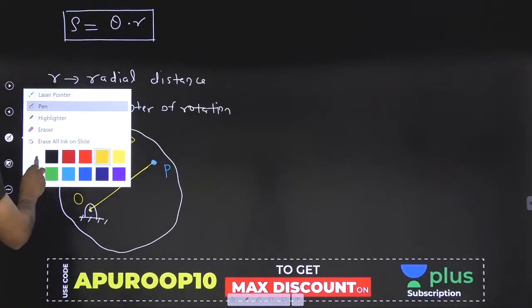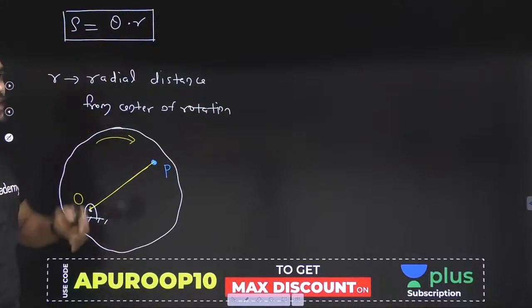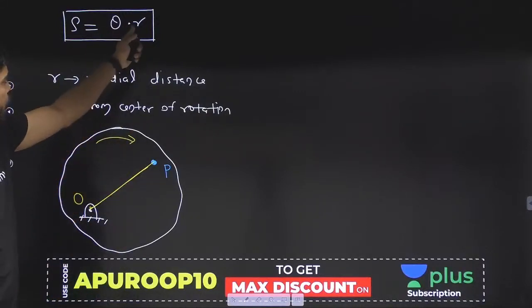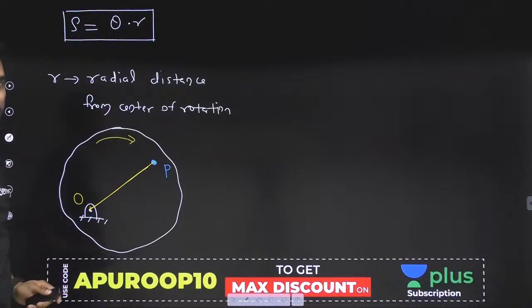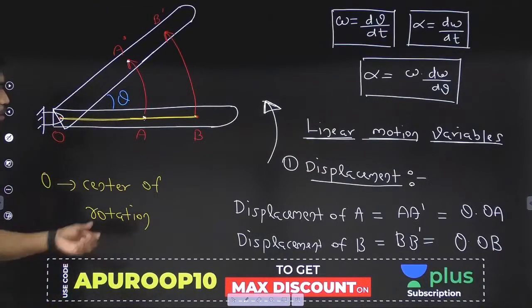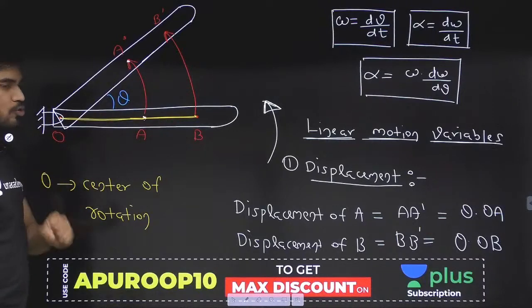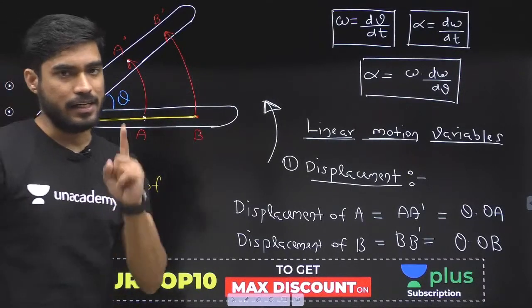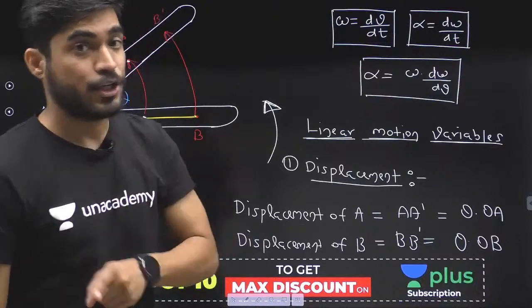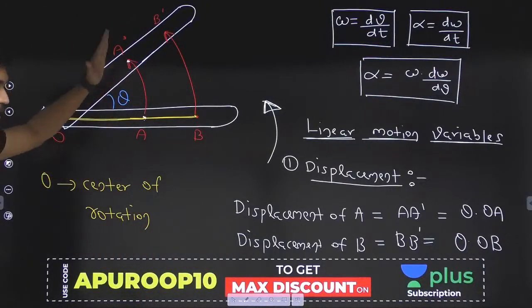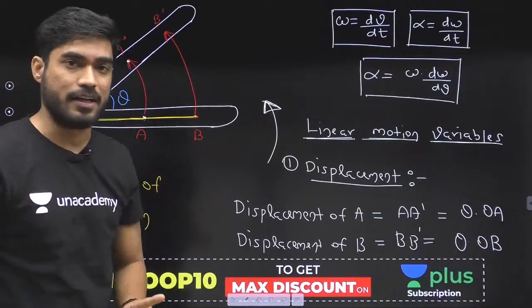Okay. So look at this equation. S equal to theta into r. Clearly for every particle r will be different. For example, for A, r is OA. For B, r is OB. So for every particle, linear displacement is different. Angular displacement is the same, theta is the same. But linear displacement is different. Is it clear?